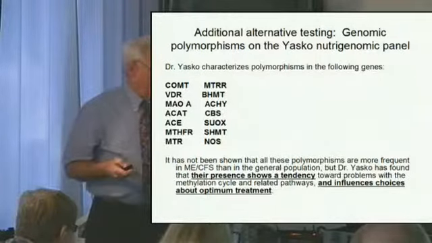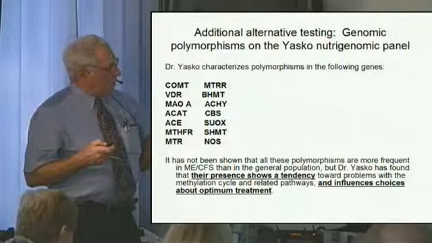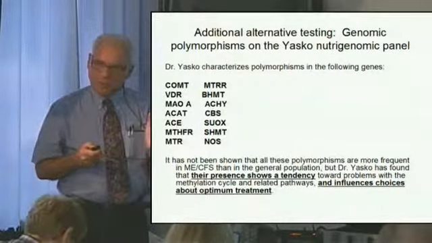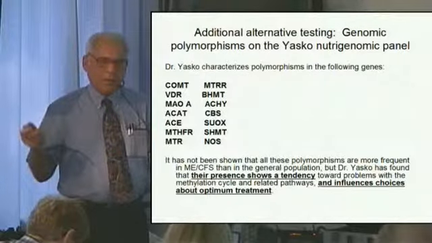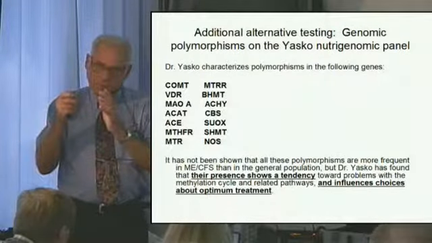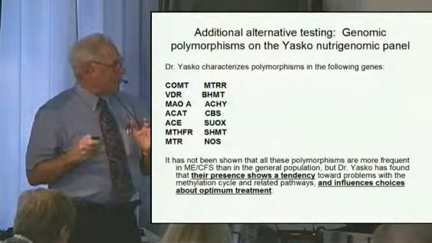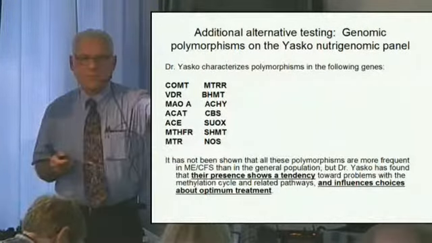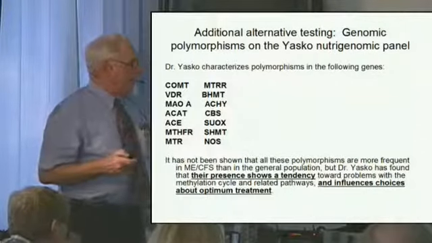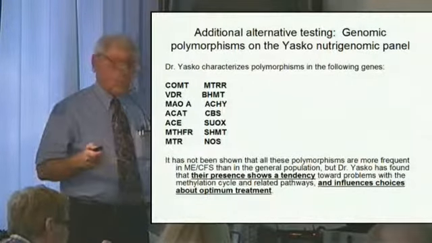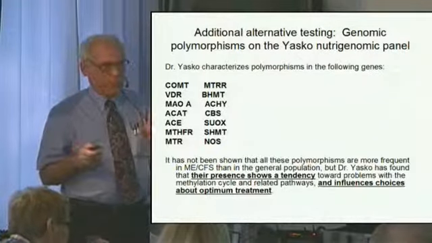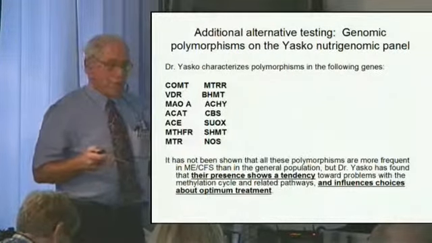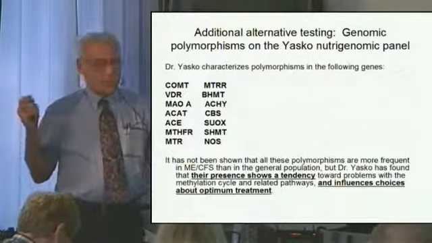She's a naturopath, so she uses supplements for treatment, and she has a very large number of them. Some are specifically designed by her organization. If you have a certain polymorphism, she says, aha, you need this supplement or these 5 supplements. So it tends to be a rather complex program. It tends to be expensive, involves a lot of testing, and sometimes people end up taking 50 supplements a day.